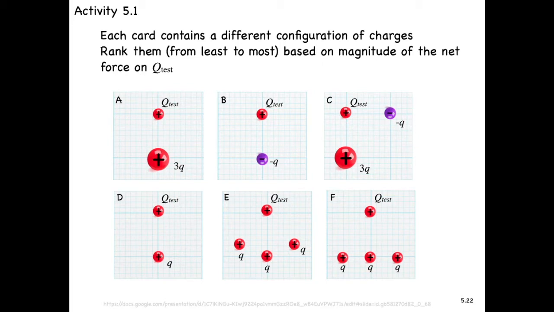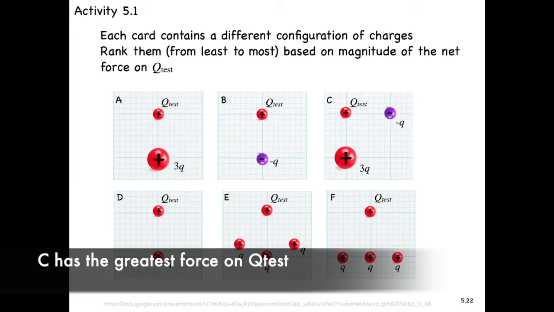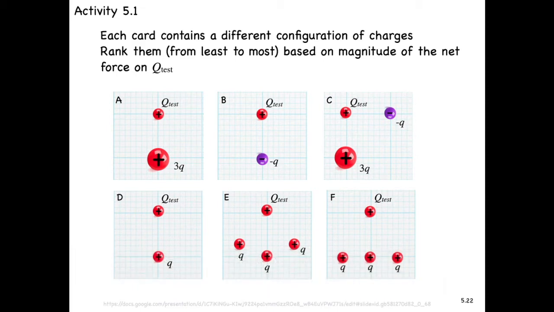Okay, so let's do the other end of the spectrum. Which of these has the greatest force on the test charge? C. Okay, so why C? Okay, so we have some repulsive force from the 3q charge down here, and this minus q, what does that do?